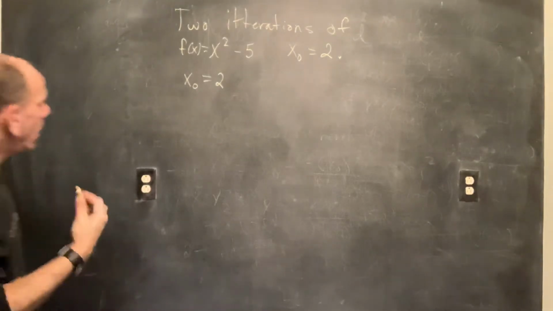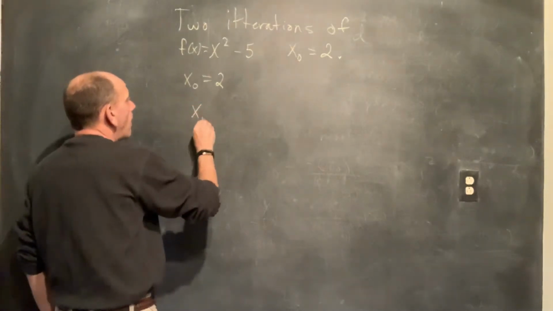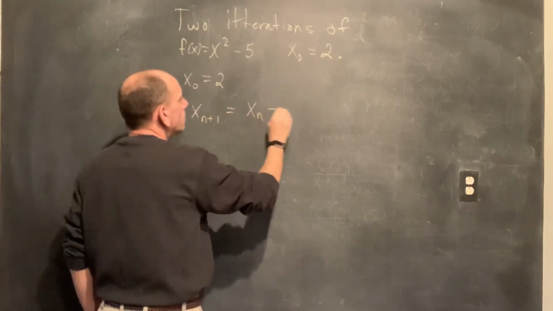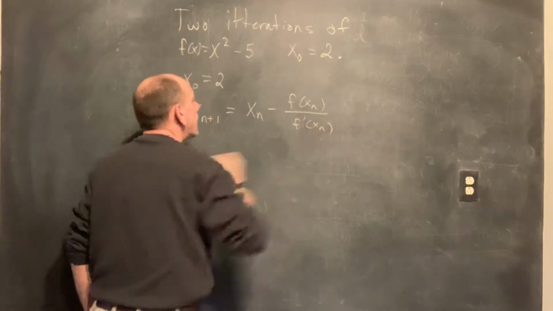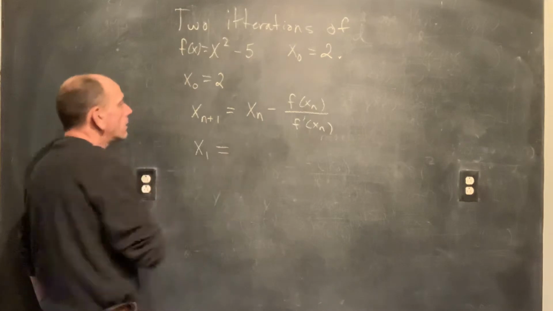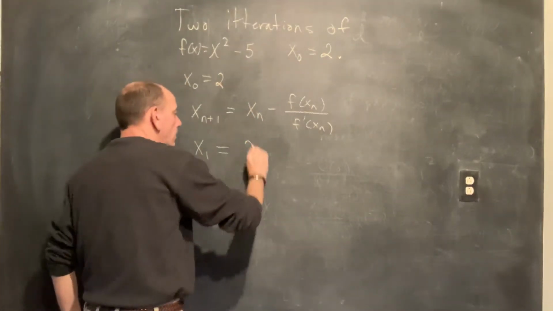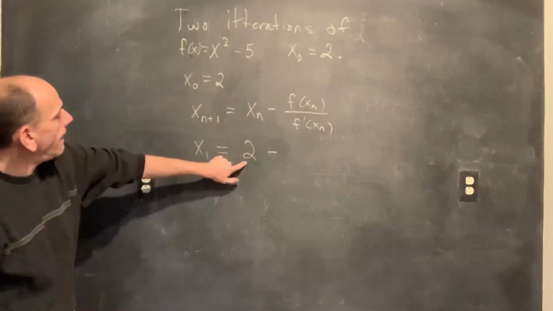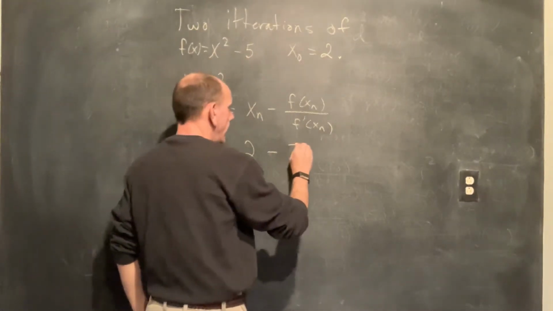Cool. So now I'm on the path to finding the next x. So again, our algorithm is x sub n plus 1 is x sub n minus f at x sub n over the derivative at x sub n. Okay, so x sub 1, I'm going to take my x sub n, which is 2, the x sub 0, 2, minus, now I need to evaluate my function at that x, so 2 squared minus 5 is negative 1.